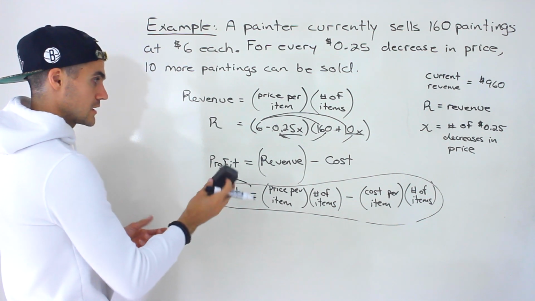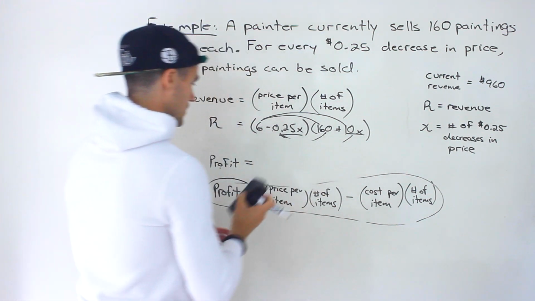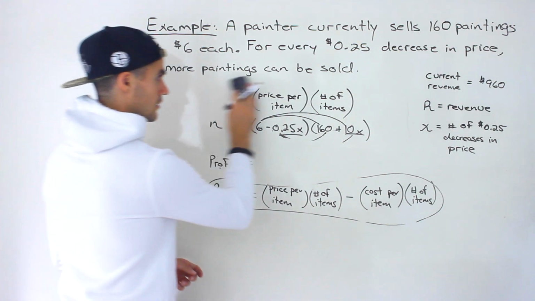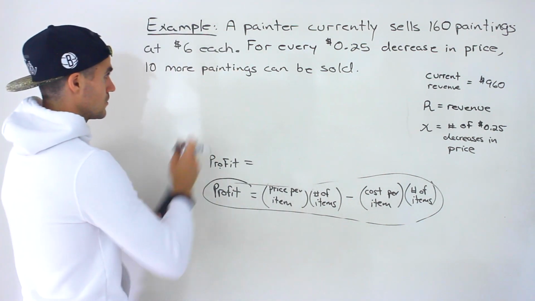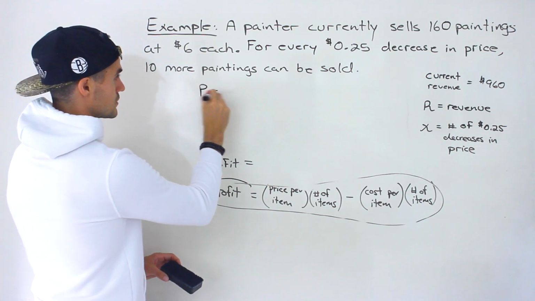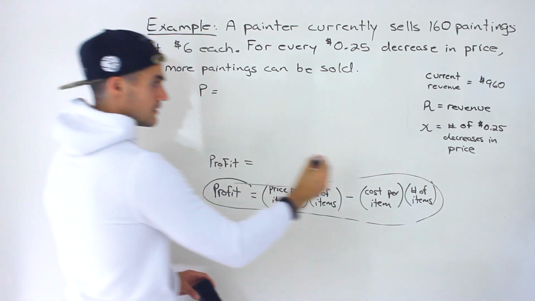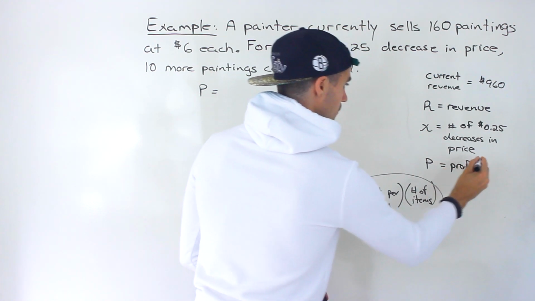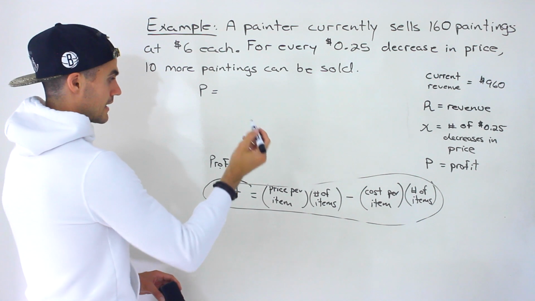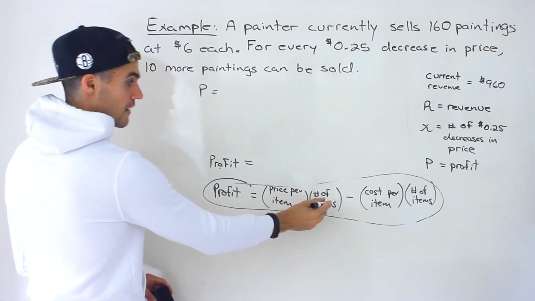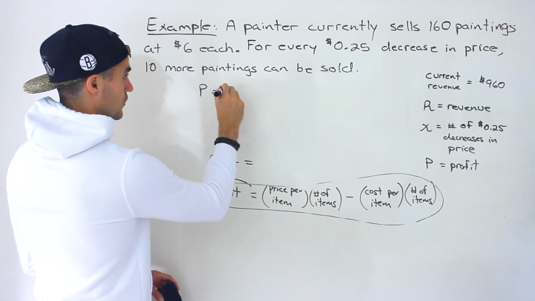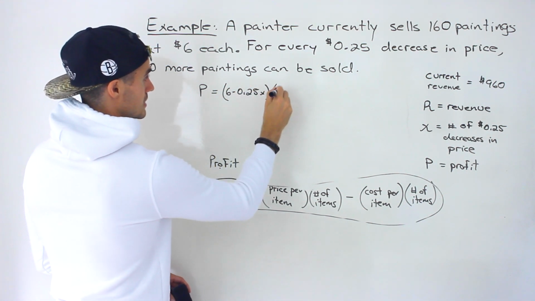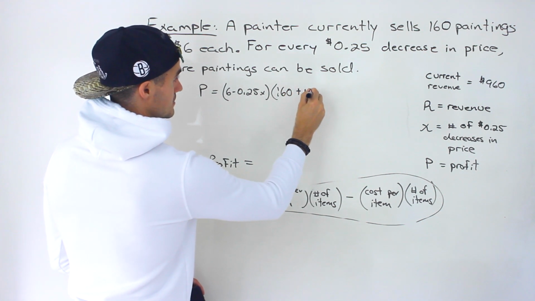And so what we can do, I'll make the equation up here. Let me just erase all this. So for the profit, let's introduce a new variable, P. P is equal to the profit, and I don't think we need any more variables. We'll still be using that X variable. So the profit is the revenue, which we already had an equation for. So that's (6 minus 0.25x) times (160 plus 10x).